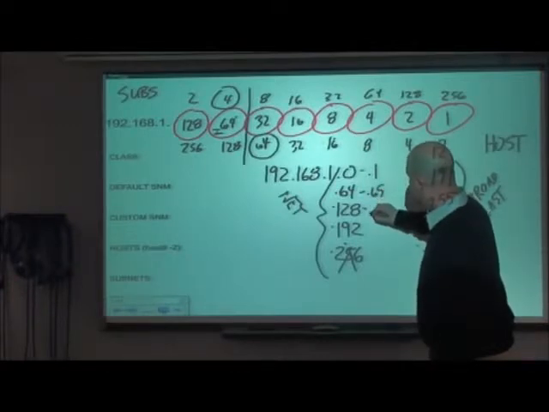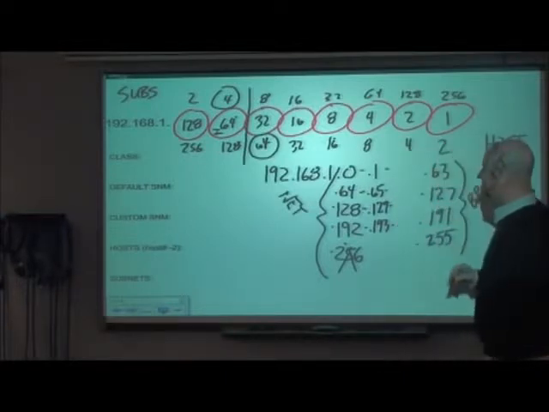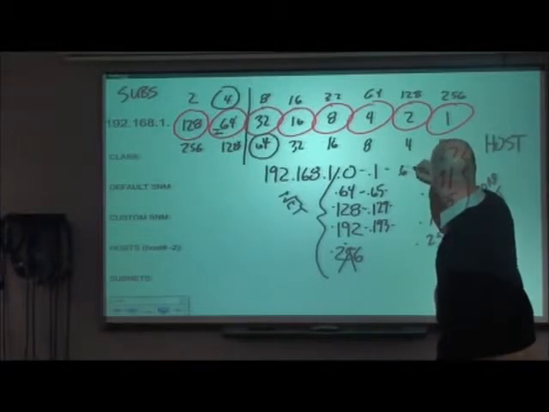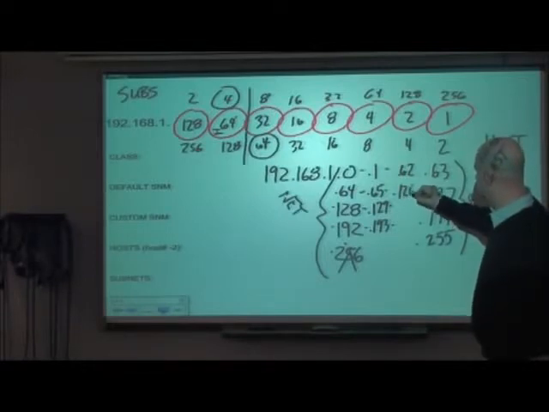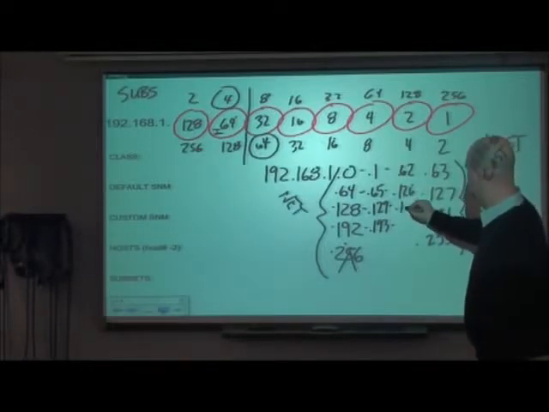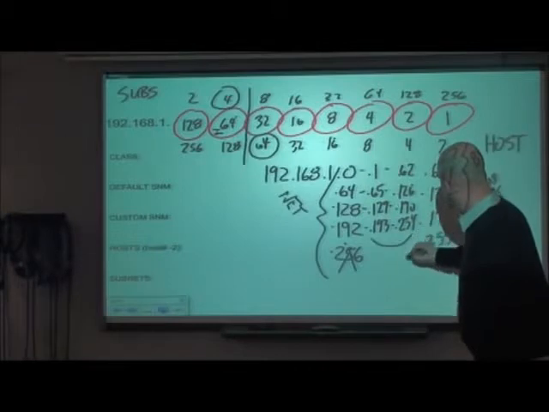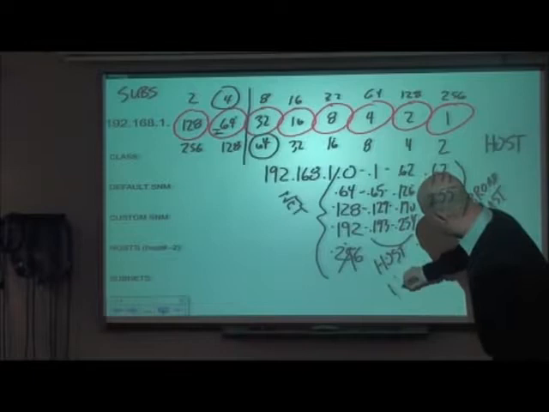And all we're doing is adding one to each one of these network addresses, then subtracting one from our broadcast. And all these will be our host IPs.